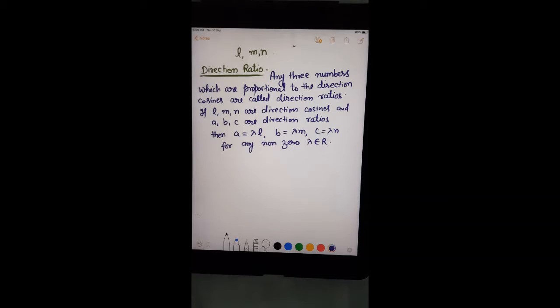Now we will find what is the relation between direction cosines and direction ratios. One is clear: the direction ratios are three numbers which are proportional to the direction cosines. But if direction ratios are given, then how can we obtain the direction cosines?